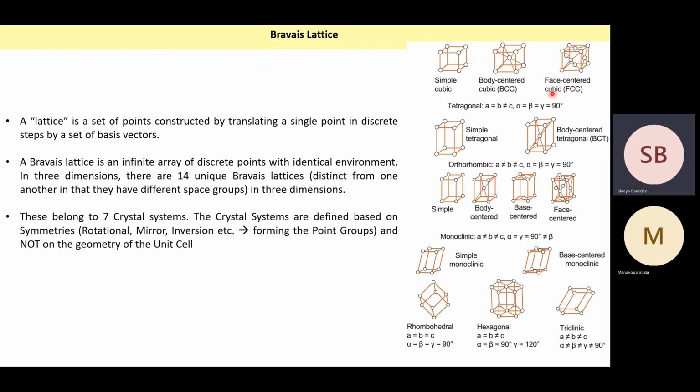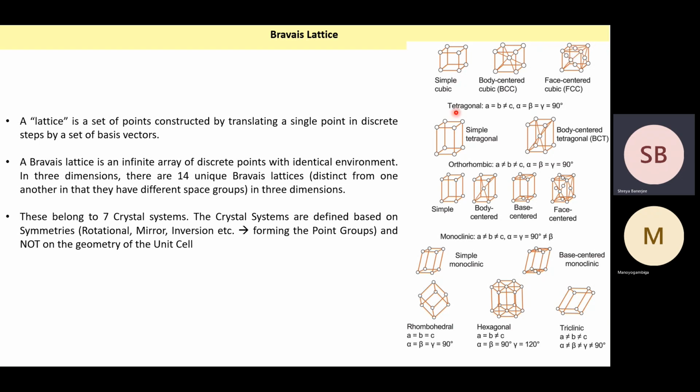The final is the face-centered cube, or FCC, where you have one lattice point at the corner of each cube and also at the middle of each face. So this is the top face, you have a point at the middle of it. This is a vertical face and you have a point at the middle of it. So that is called a face-centered cube with a lattice point at each corner and at the middle of each face.